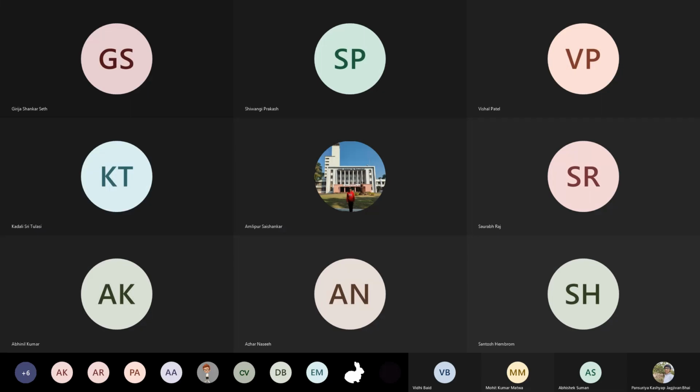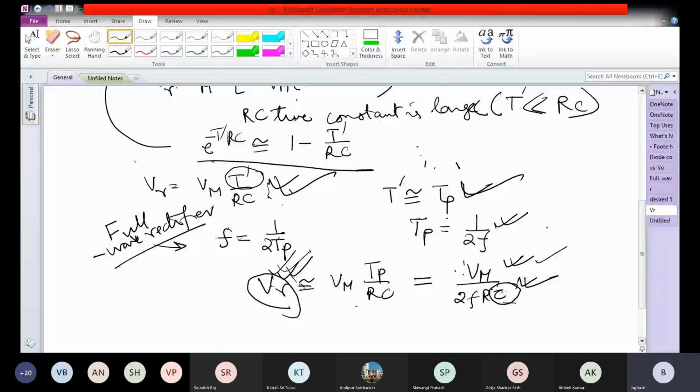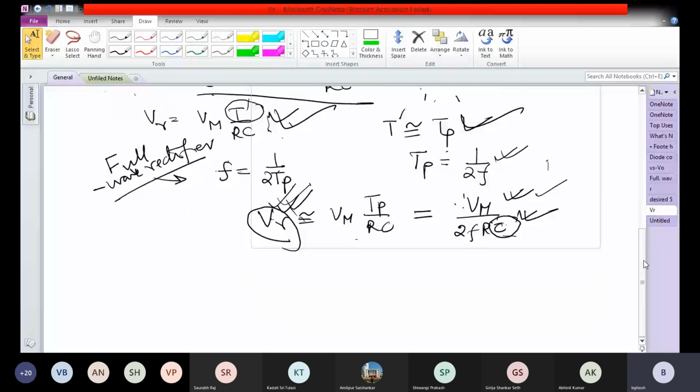Here it will be 1 by f, because Tp corresponds to the entire period of the signal. So instead of Tp equal to 1 by twice f, it will be Tp equal to 1 by f. And therefore, this factor of 2 for the full wave rectifier is not going to be there.